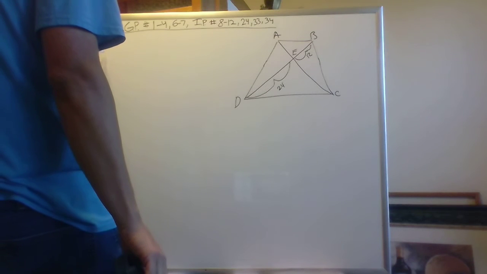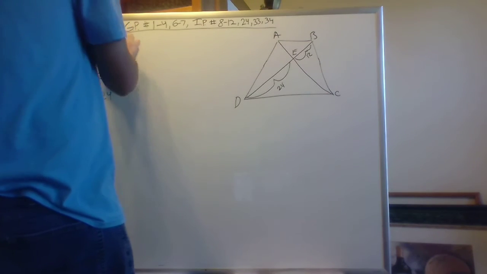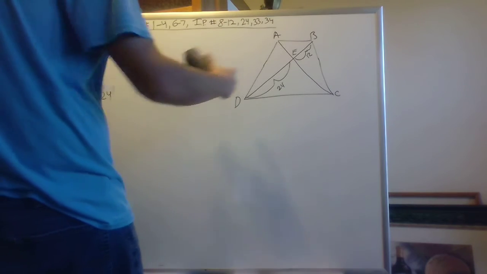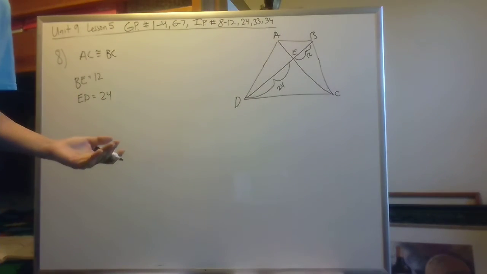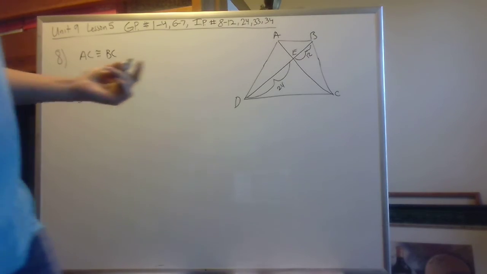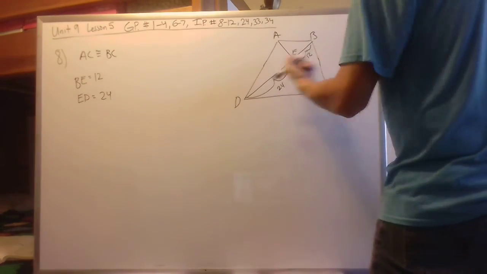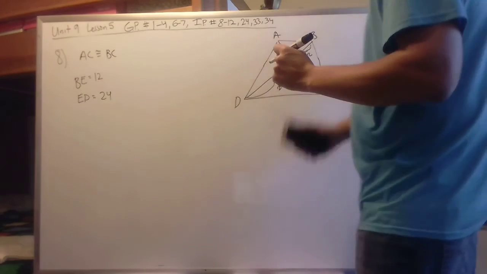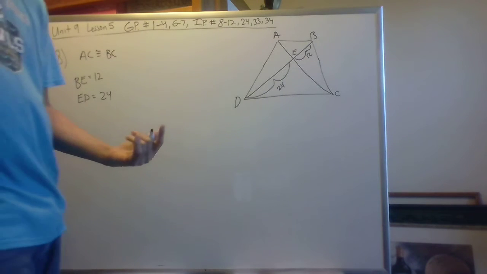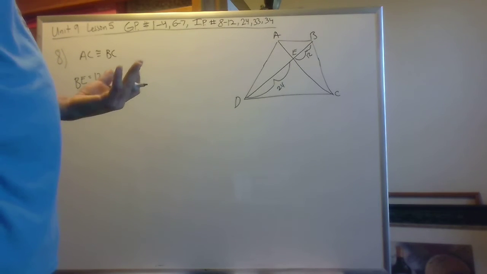We know that AC is going to be congruent to BD because the diagonals in a trapezoid are congruent if it is an isosceles trapezoid. In this case, it is unknown. However, we can assume that for this example.